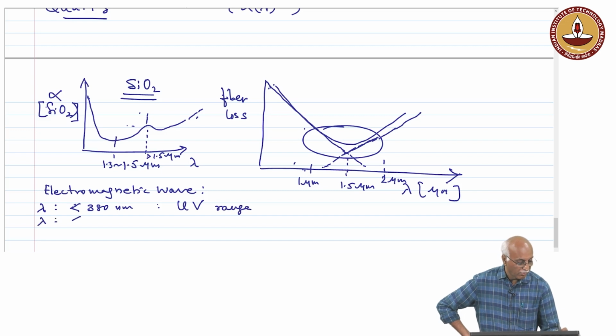If it is 400 to 700 nanometer, it is known as visible range.